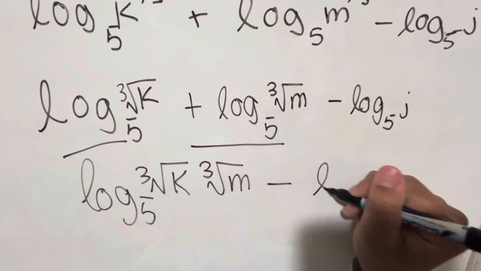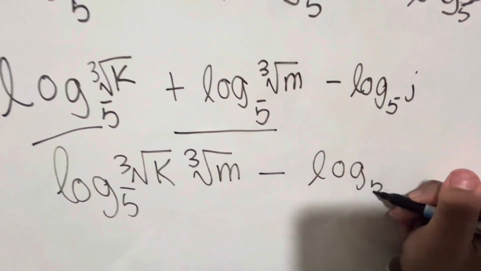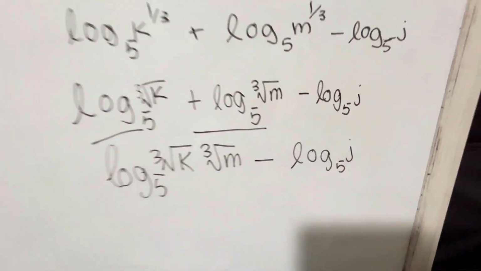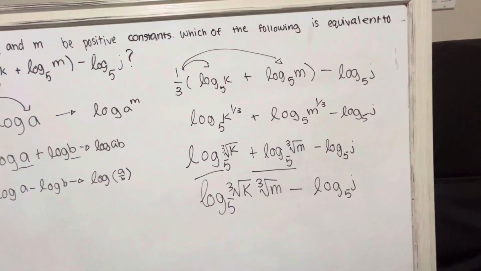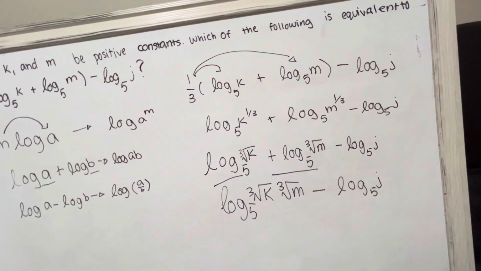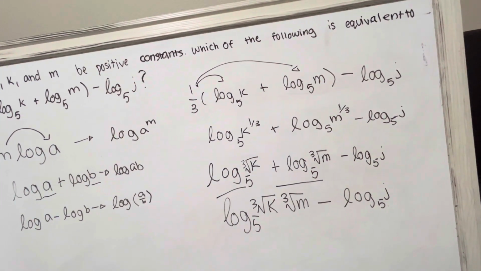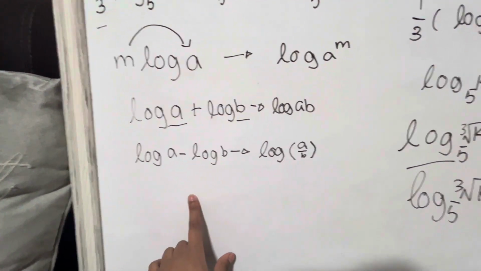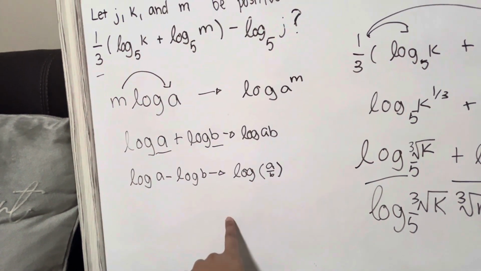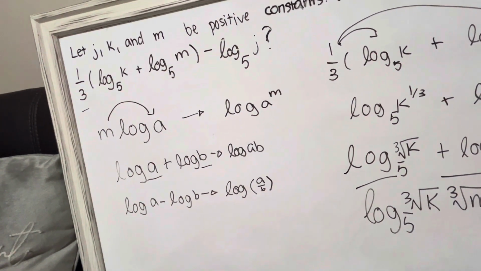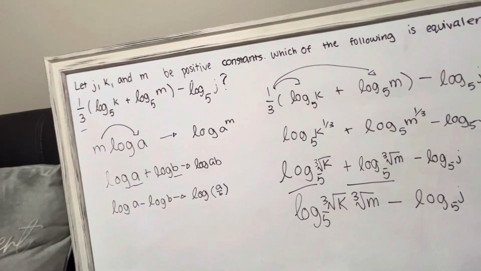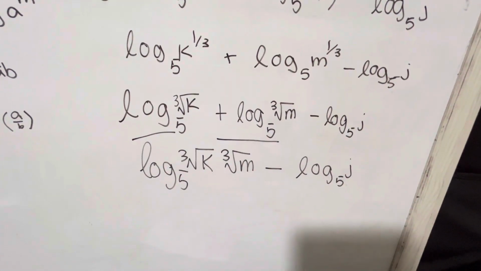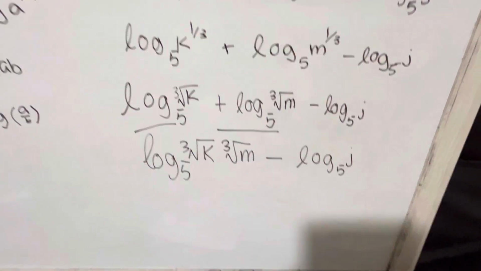And then you have the minus log base 5j. Now it's log base 5 cube root k, cube root m minus log base 5j. The next property we will be using is log a minus log b, which transforms into log a over b. So we'll be putting the cube root k, cube root m over j.